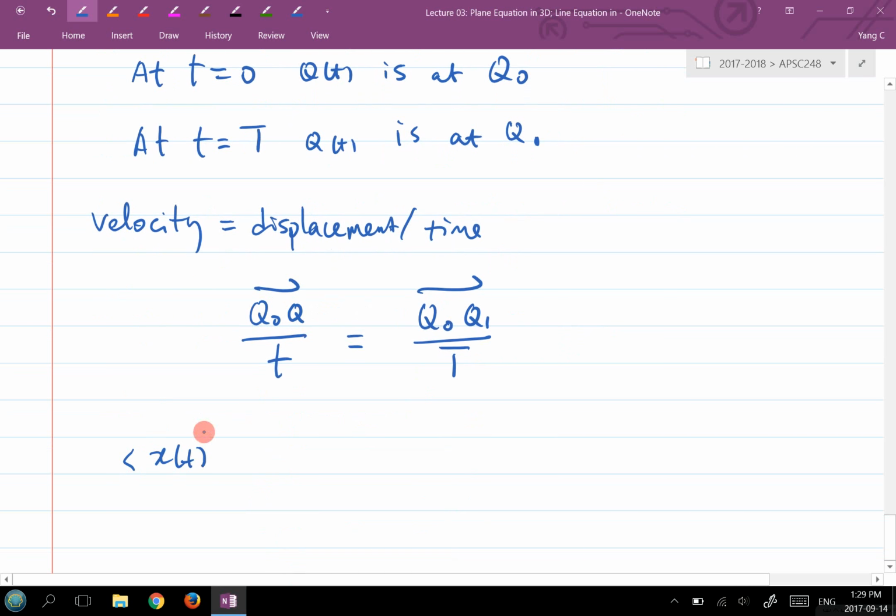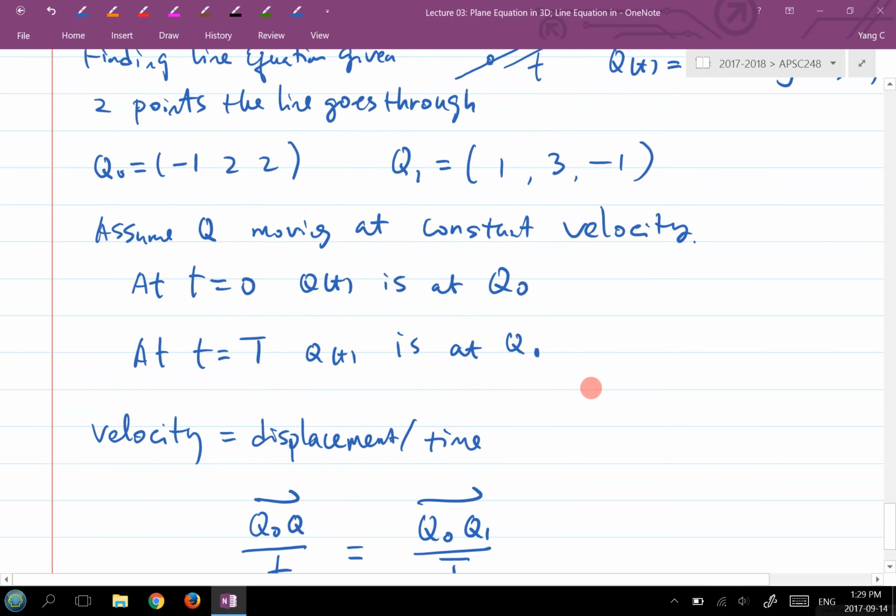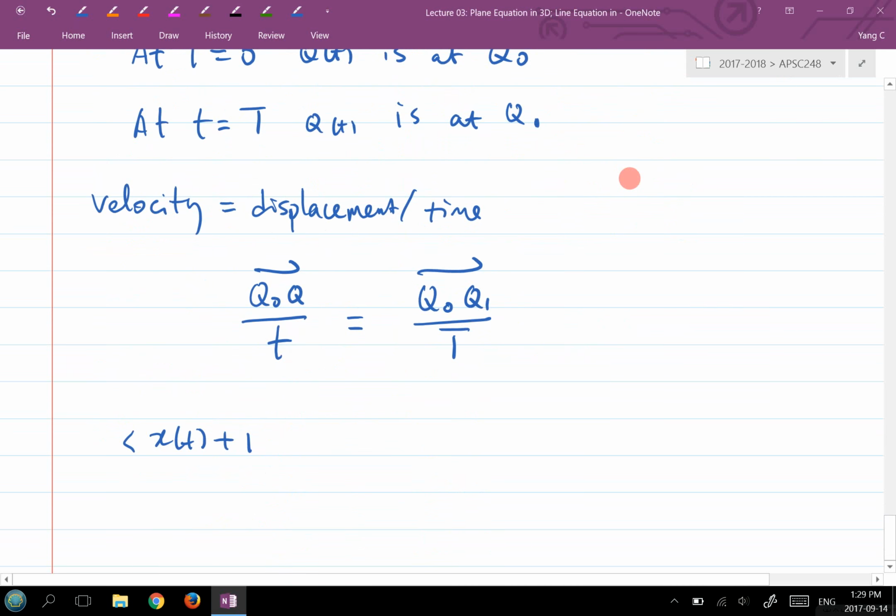Okay, so the Q has coordinates of x of t minus the coordinates for the Q naught, which is y now. Right, Q naught has -1, 2, 2. So then you have y of t minus 2 and z of t minus 2.